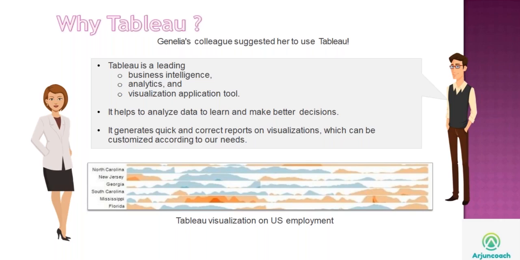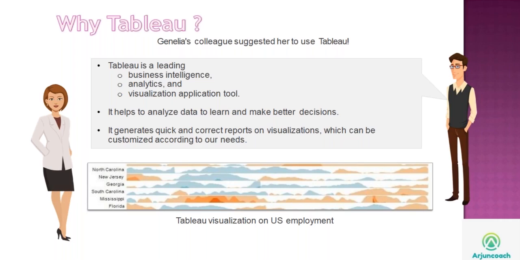Now let's see. So generally a colleague suggested she use Tableau. Someone suggested it in her project, based on the project, or the manager, team leader, or client suggested Tableau. So what is Tableau generally going to do? Tableau is a leading business intelligence, analytics, and visualization application tool.